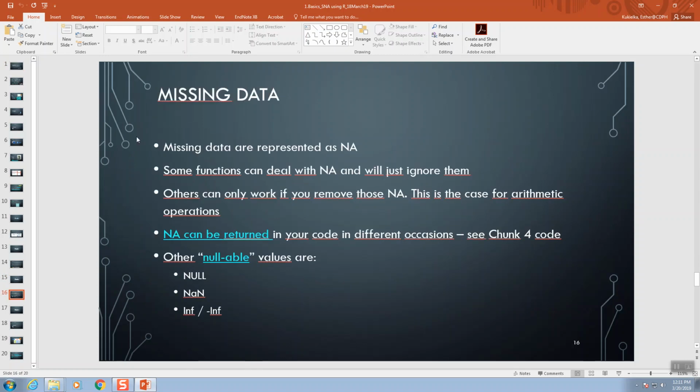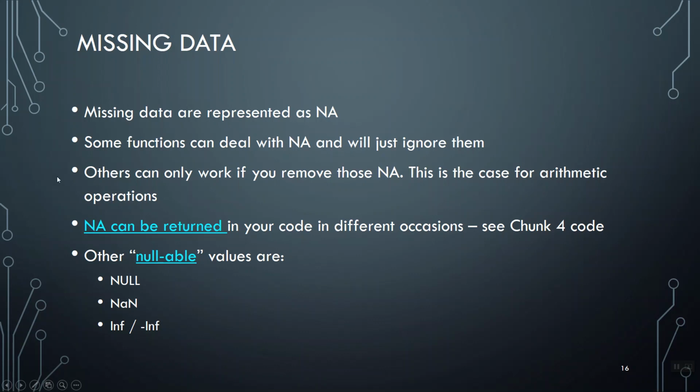Missing data. So as I mentioned last time, missing data is recorded in R as NA. That indicates it's missing data. Some functions can deal with it, and even if in your data set you have missing data and you ask R to do something, for example, a linear regression model, it's going to do it, no problem.